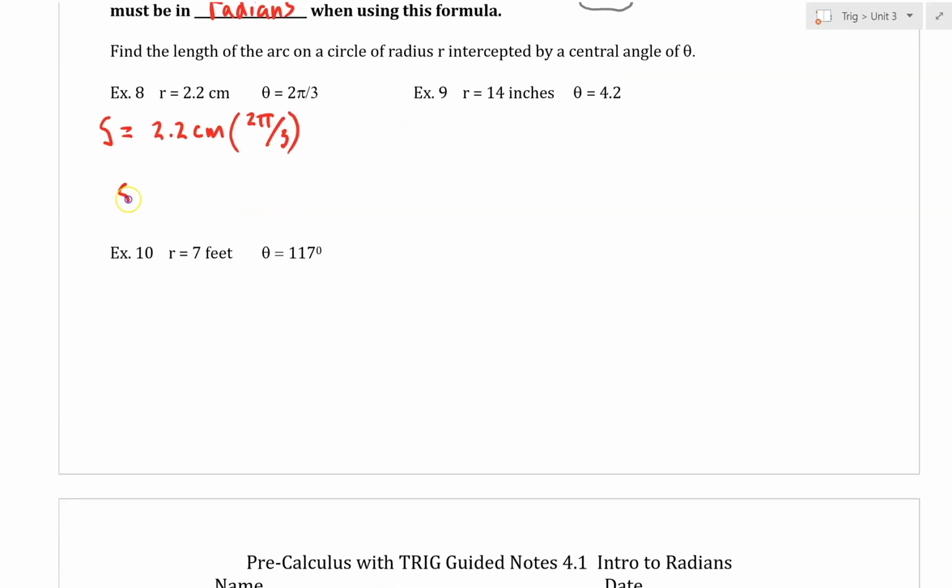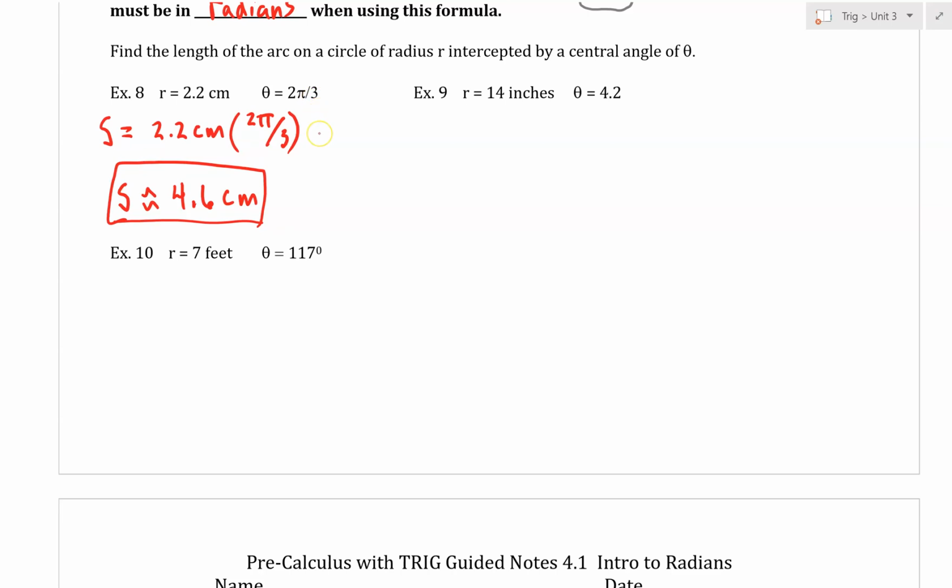S is approximately, and then we'd take our calculator out and we would end up getting roughly 4.6, if we're rounding to one decimal, centimeters. So that would be the arc length given the data that they've given us.